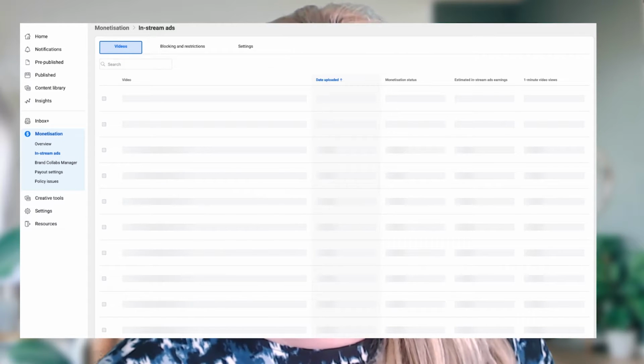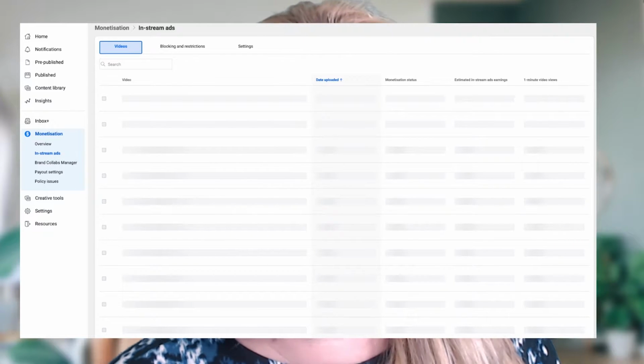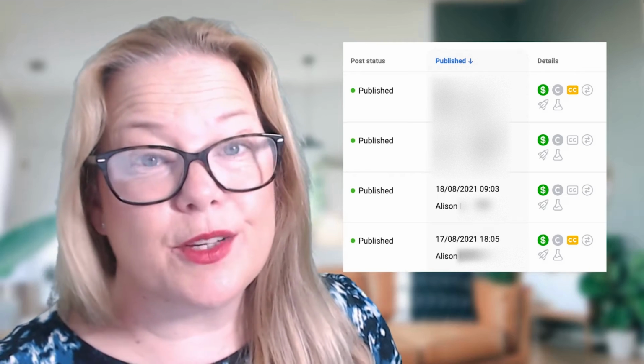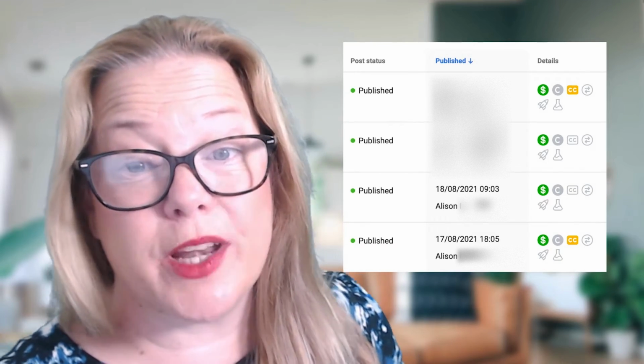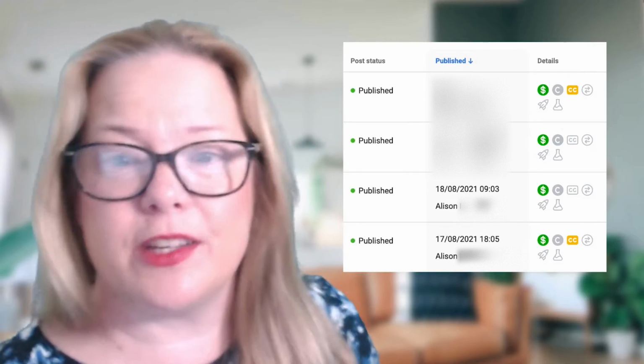Because of the policies surrounding monetization, I'm not actually allowed to ever reveal how much I get paid, whether that be for in-stream ads or being paid by other brands to promote their products and services, but I can show you this. As you can see, the dates are pretty recent. 18th of the 8th, 21st, 19th of the 8th, 21st, and today I did one as well.